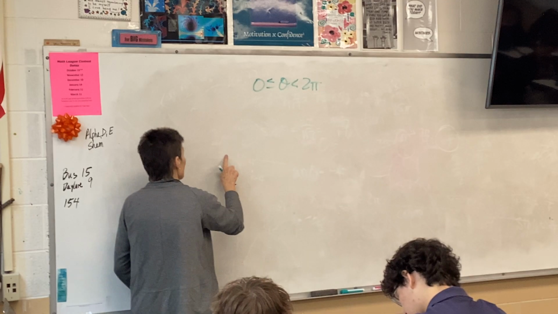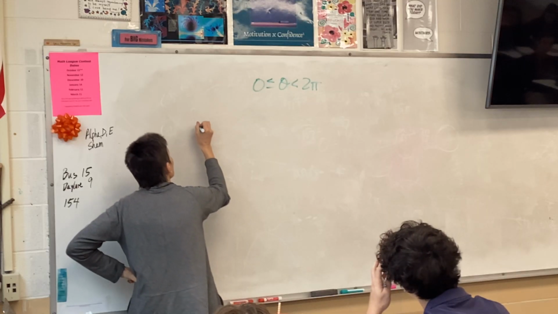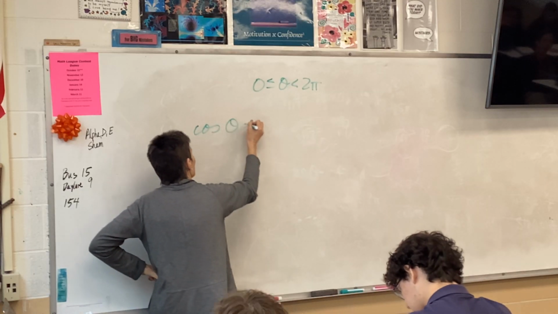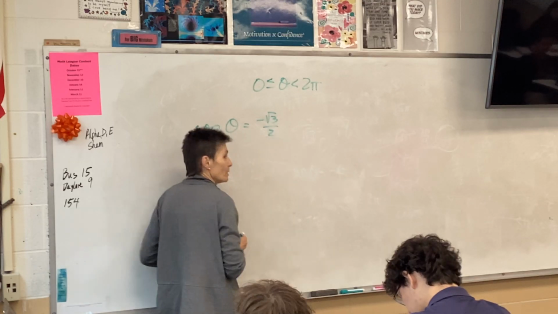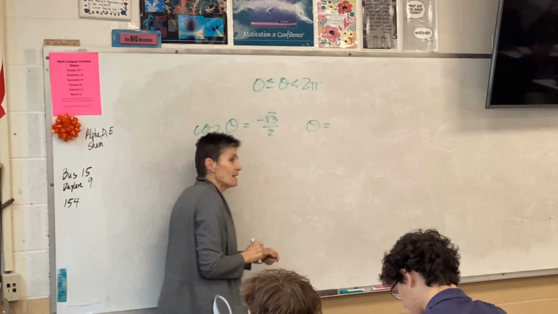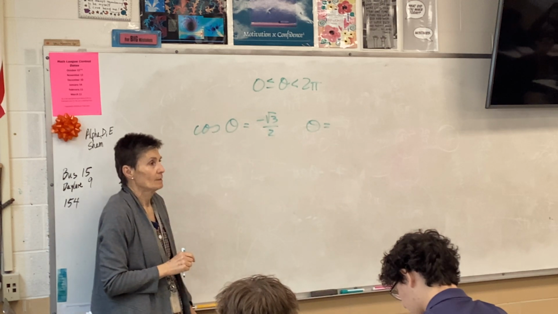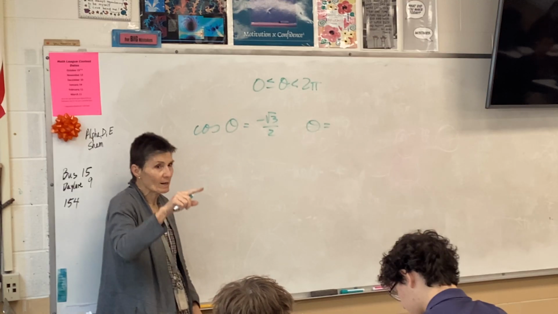So here's what I want you to think about. Try it without your unit circle if you can. I have an angle out there, and its cosine is negative √3 over 2. Can you tell me what that angle has to be? Keep in mind, you're going all the way around your circle.